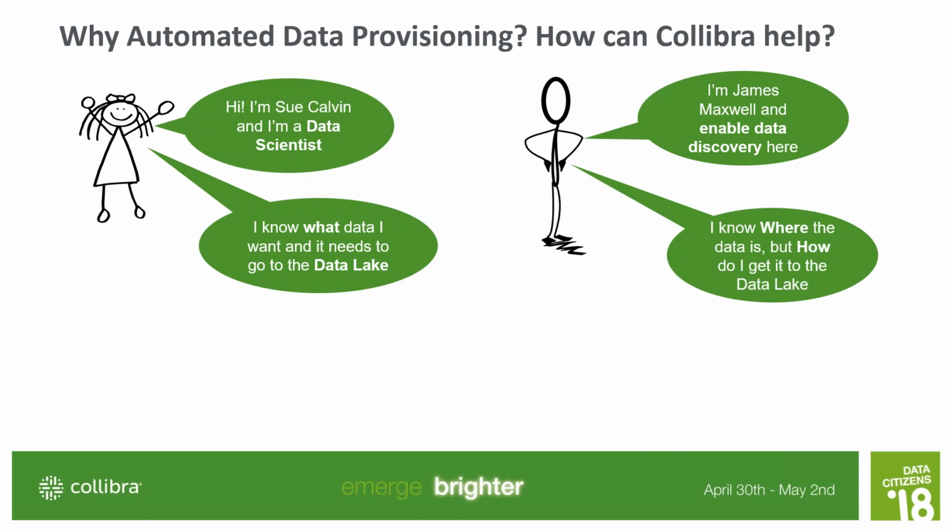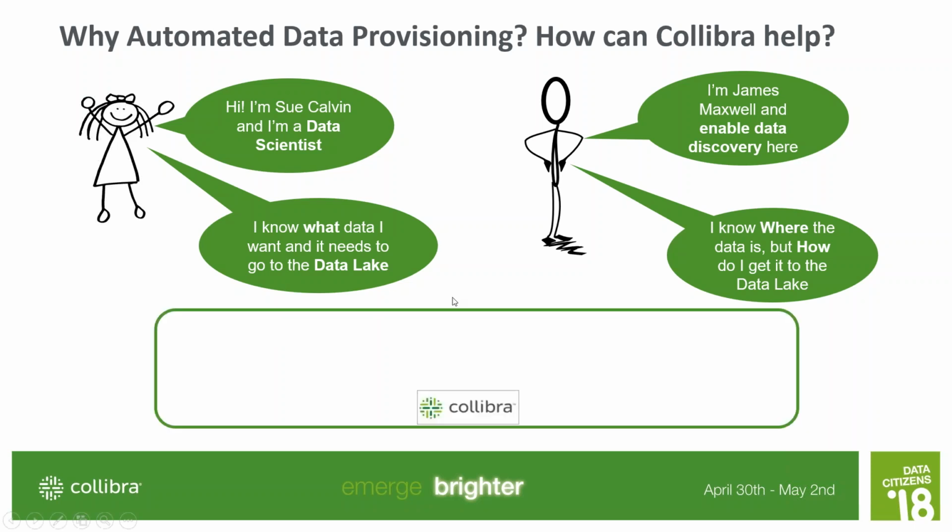He or she also knows what additional tasks need to be performed on the data before this data can be entirely provisioned to the target space. But what they cannot do is to actually get this done without intervention from IT people for development activities.